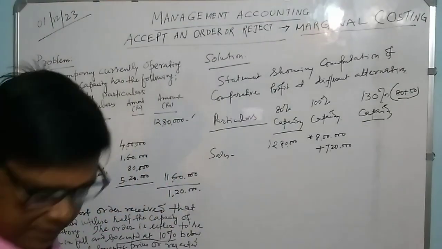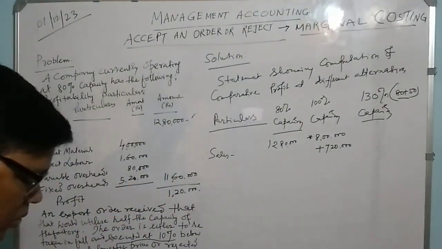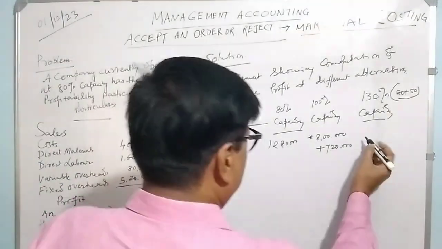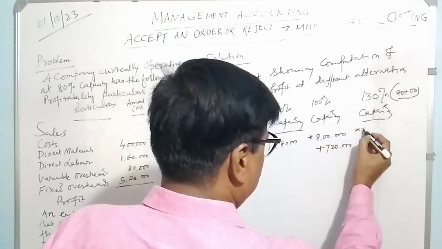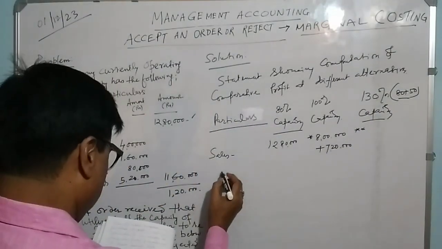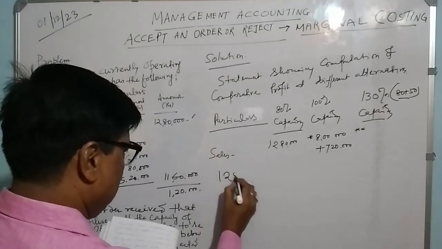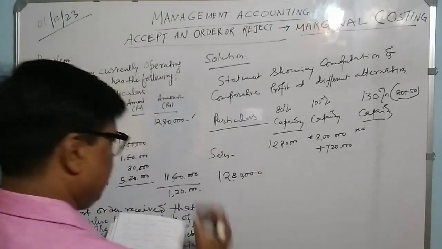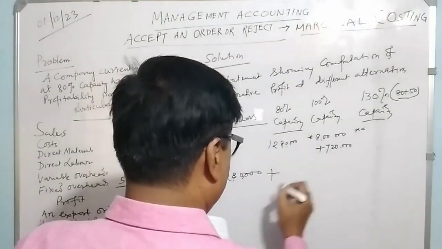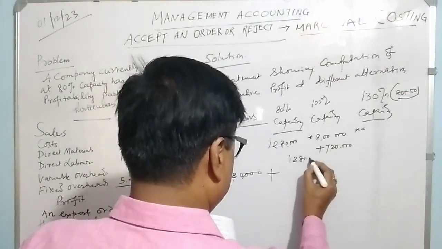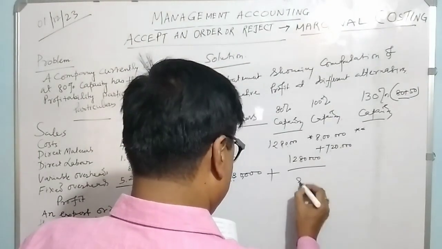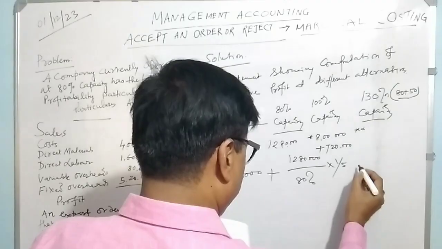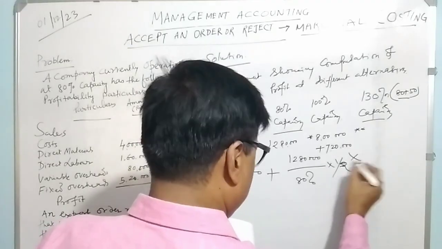Similarly, when you go to 130%, what will your calculations be? You see, here we can make 2 asterisks. What is that figure? 12,80,000, your base figure, plus 12,80,000 by 80% into 50%, that is half, into 90%.